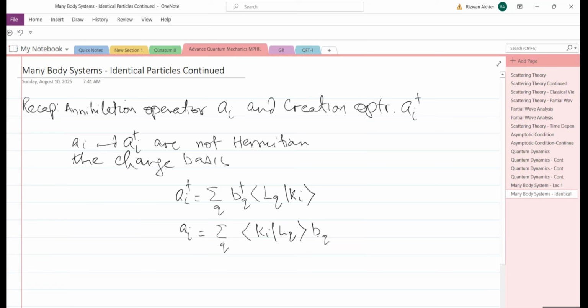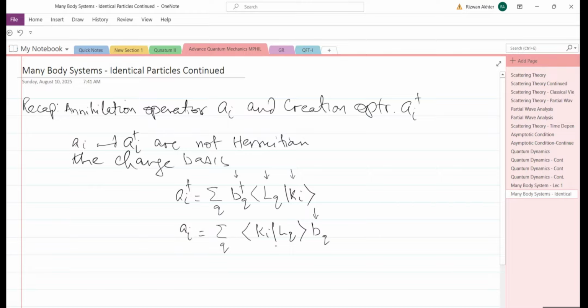Since a_i and a_i dagger are conjugate to each other, you could see the order of appearance of these operators when you are doing the change of basis. In the case of a_i dagger, we have b_q dagger times the overlap between the previous basis and the new basis.